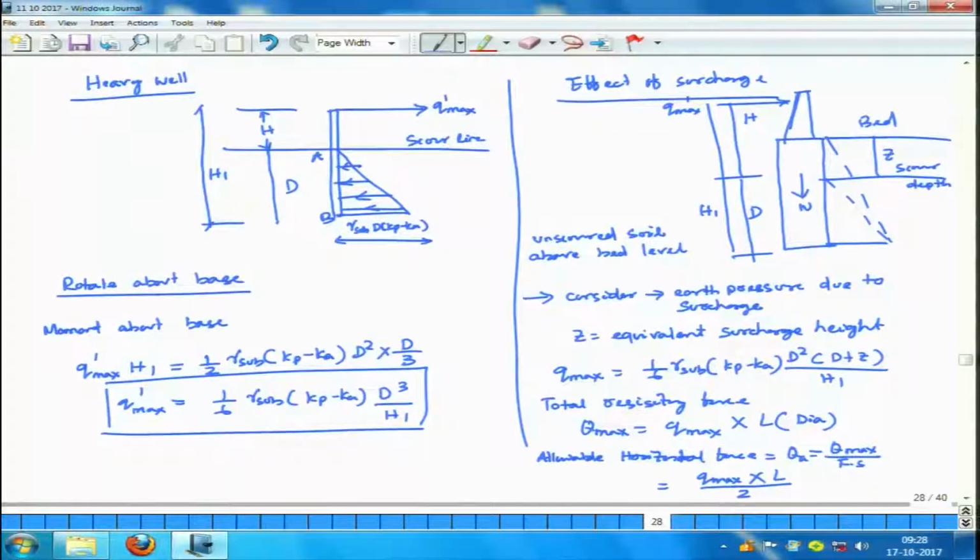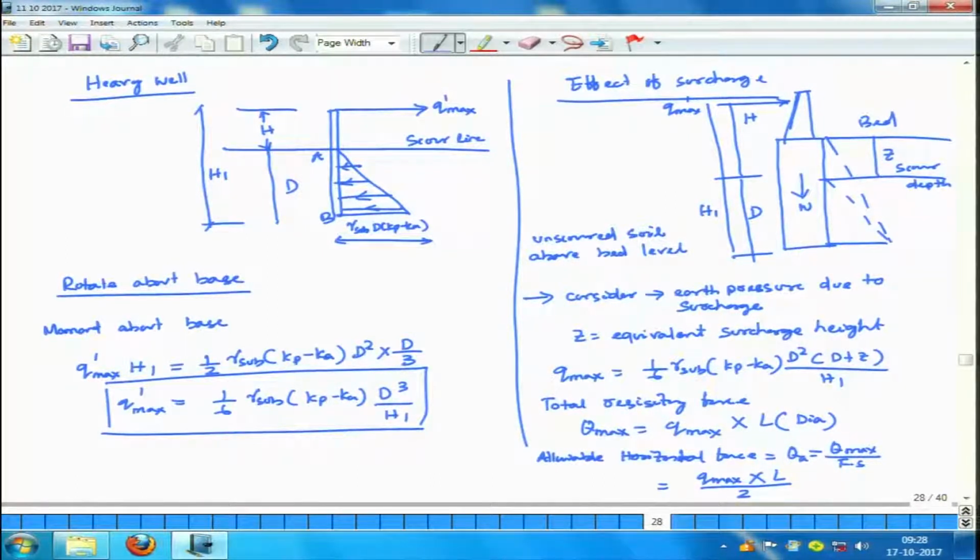So, what I have started for a heavy well, the assumption is the well will rotate about base. It is not like a light well which will rotate above the base. From there, taking moment about the base, we got Q maximum. Then the effect of the surcharge: we have considered the effect of the surcharge on scoured soil above the bed level.